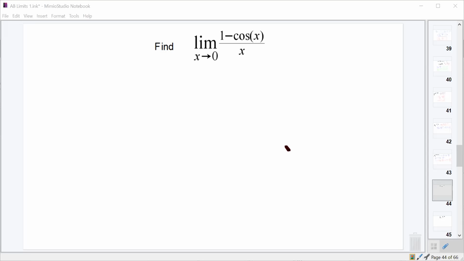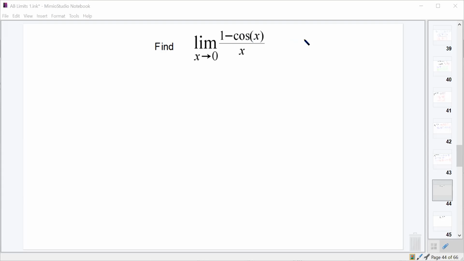Okay, so we can't just square the numerator, right? And besides, if we squared the numerator, that wouldn't give us 1 minus cosine squared, would it? Because 1 minus cosine times 1 minus cosine is actually 1 minus 2 cosine x plus cosine squared x.